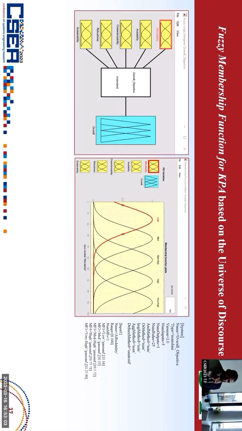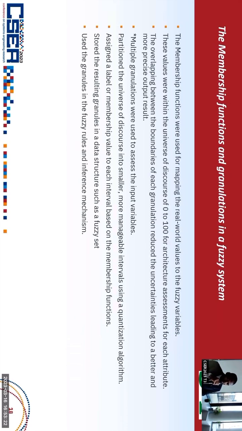Now I have to define a set of membership functions for my universe of discourse. So I developed between 0 to 100, and I'm using the Gaussian membership function, which has proven to be the best in terms of having a good meta architecture. I wouldn't dwell much on this.